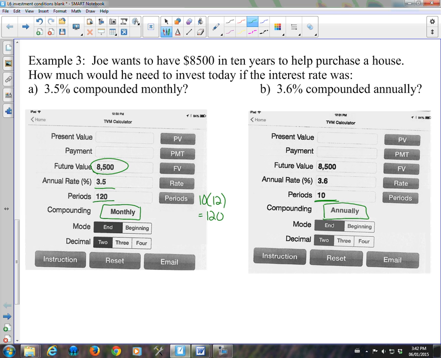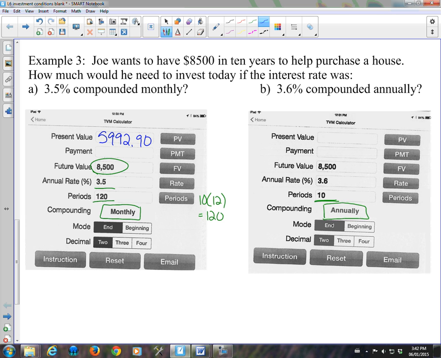So pause this for a minute and calculate the present value. Okay, so you should have gotten a present value for 3.5%, $5,992.90.